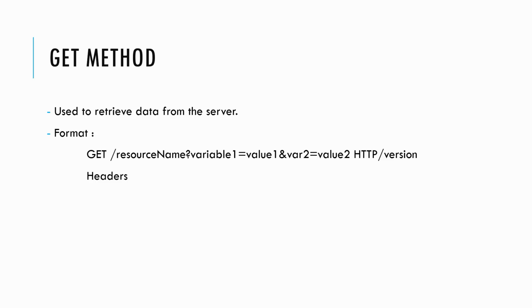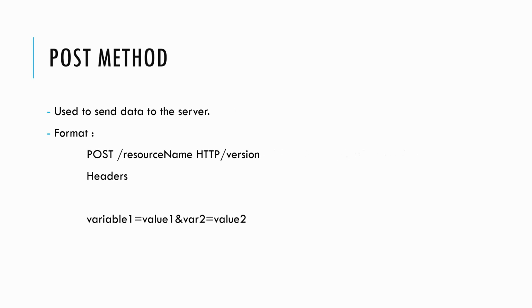After this, it is terminated by a new line character, and from the next line we have all the necessary headers. Similarly, like the GET method, we have the POST method, which is a lot similar in format to the GET method. The POST method is used to send data to the server. Whenever we fill a form or post a message, the data is sent using the POST method.